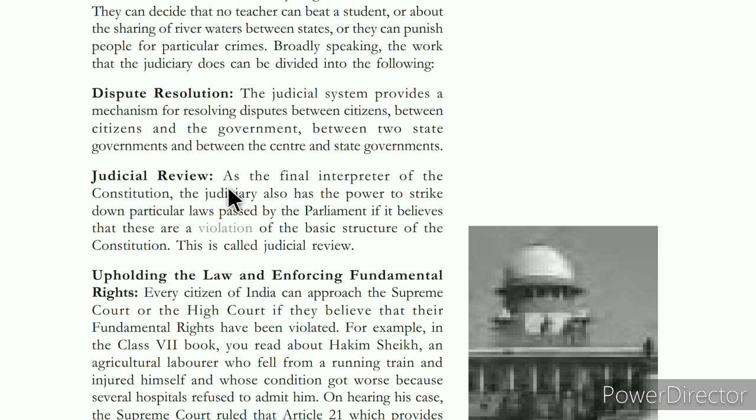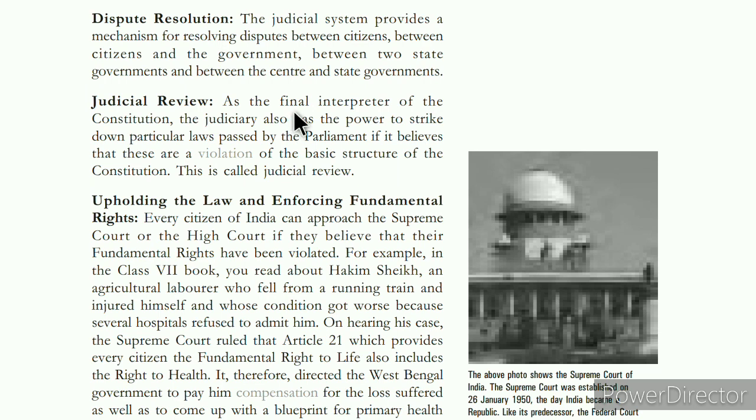Next is judicial review. What is judicial review? As the final interpreter of the Constitution, the judiciary also has the power to strike down a particular law passed by the Parliament if it believes that it is a violation of the basic structure of the Constitution, right? What is judicial review? The judiciary is the final interpreter of the Constitution.